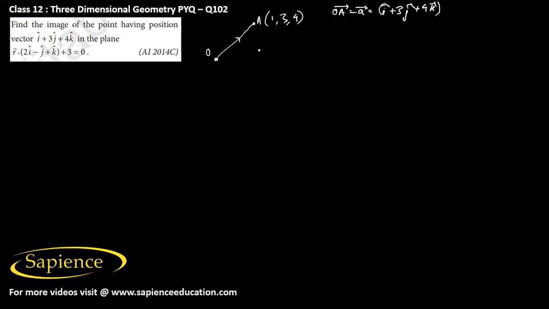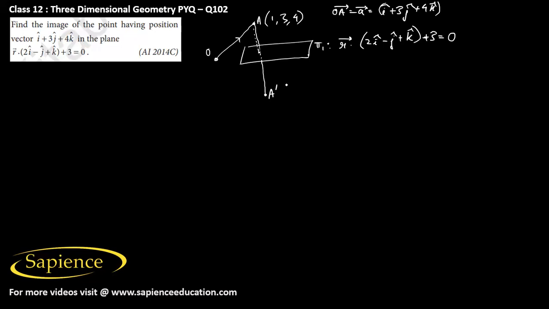Now we have to find the image of this point in this plane, which is given. The equation of the plane pi1 is given as r vector dot 2i cap minus j cap plus k cap plus 3 equal to 0. So therefore the image will be, suppose, A dash.